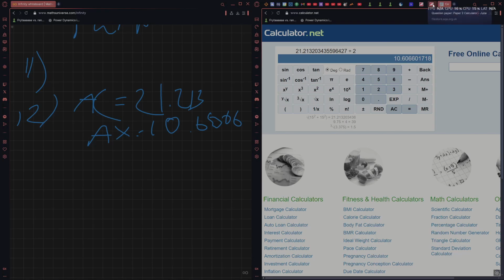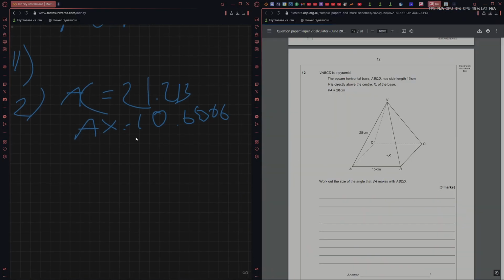Something like that. So now we just have this triangle here. This is the angle we're trying to find. This is A, this is X, and this is V. This is 28, and this is 10.6066. This is just trig.